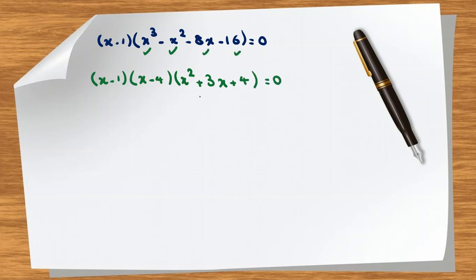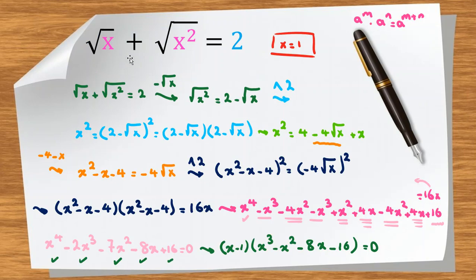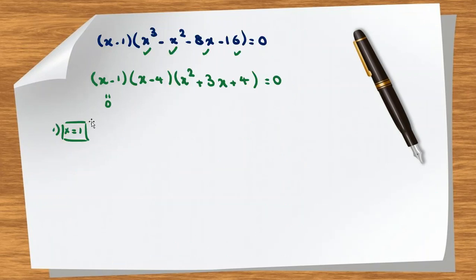So the first one is 0: x = 1, case 1. And we've checked it is one answer because it satisfies the main equation, root x plus root x squared is 2. The next one, second case. If it is 0, then x = 4.